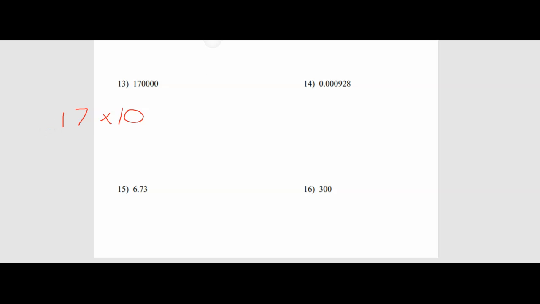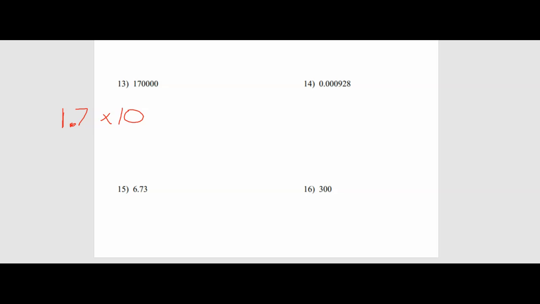I can't put it behind the 7 either, because 17 is greater than 10. So it's got to go right in between the 1 and the 7. So 1.7 is going to be our number out front.